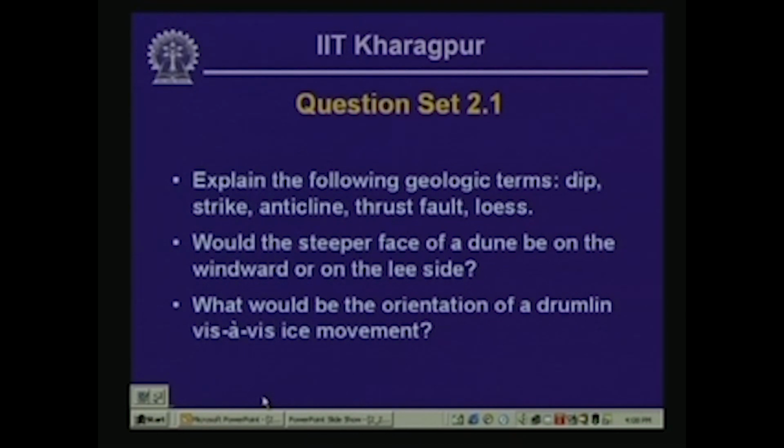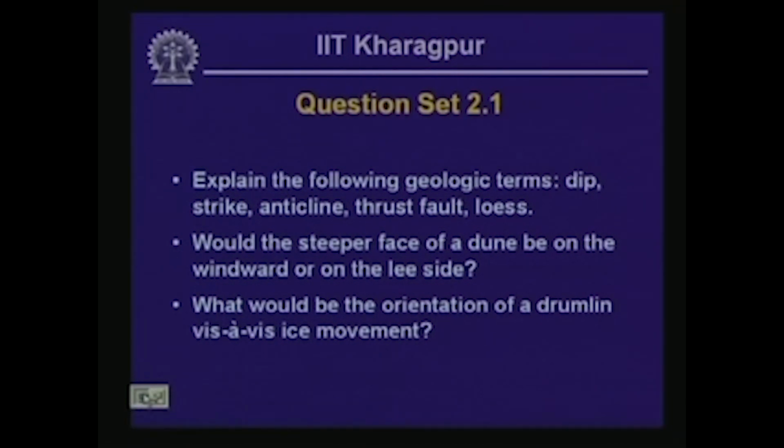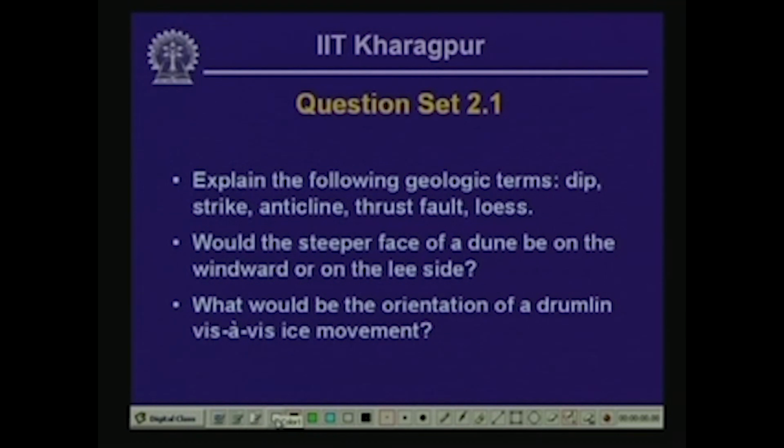Okay. Now, the second question that we asked was, would the steeper face of a dune be on the windward side or on the lee side? Actually, the steeper face of a dune is essentially going to be on the lee side.